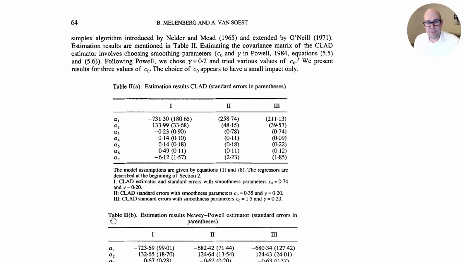So here you see what we get in terms of results. There are certain choices that need to be made for tuning parameters. Again, I don't want to go into details. What I would like you to take away is that these numbers here are actually not too different from the numbers we have seen before. When I look at alpha 3, I get an estimate of 0.23 with a standard error of 0.9.